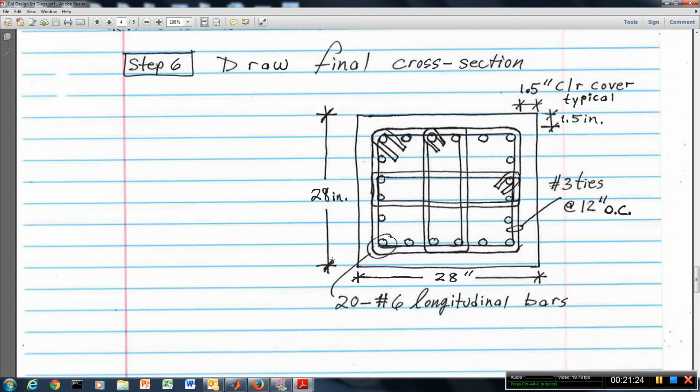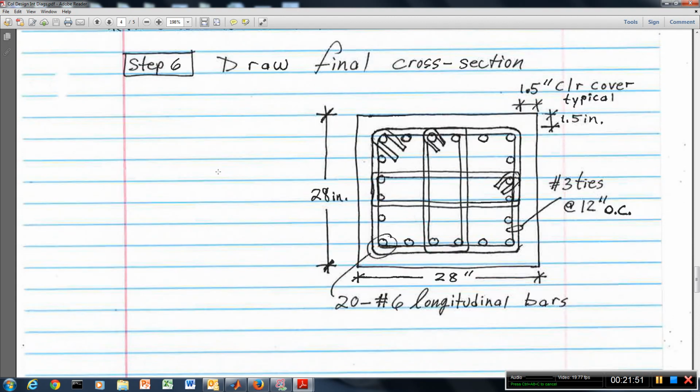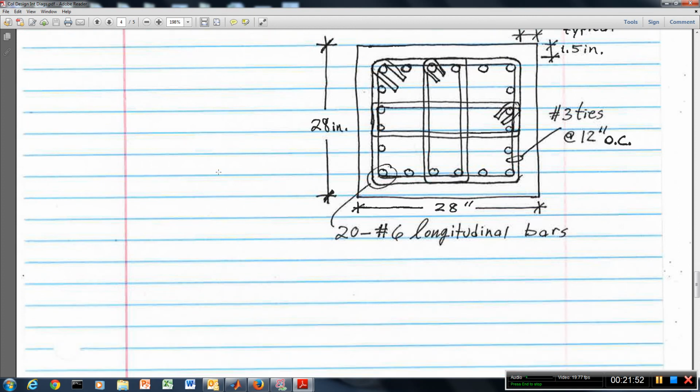We have specified our 28 inch side distance, and we also have our number 6 longitudinal bars, and we have specified that there are 20 of them. So when you do your reinforced concrete column problems, you should be providing all of this information and doing all of the spacing checks that have been illustrated in this problem.